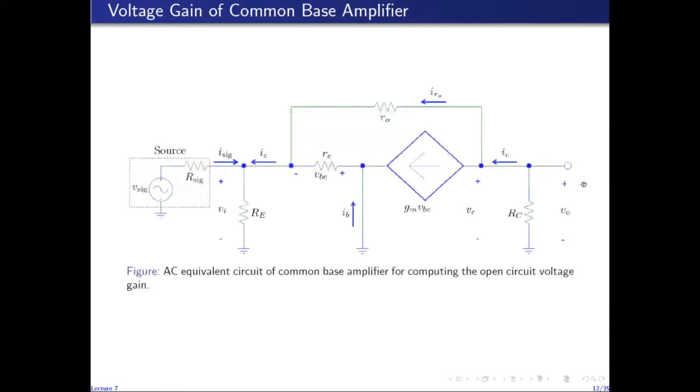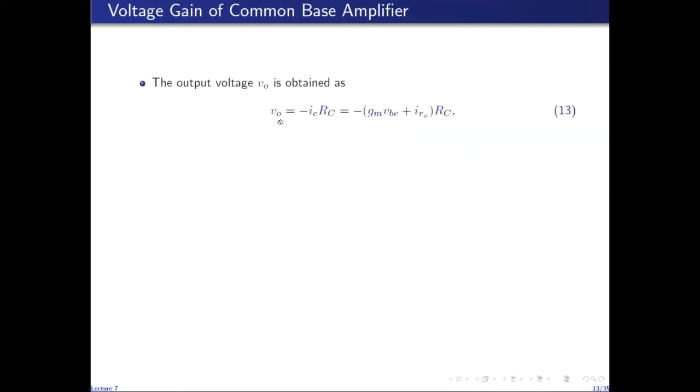So in this case, we can see that V naught is given by the current flowing through RC, which is minus IC times RC. So V naught is minus IC times RC. IC is the sum of these two currents, IR naught plus GMVBE. So we've already found IR naught previously in equation 4.